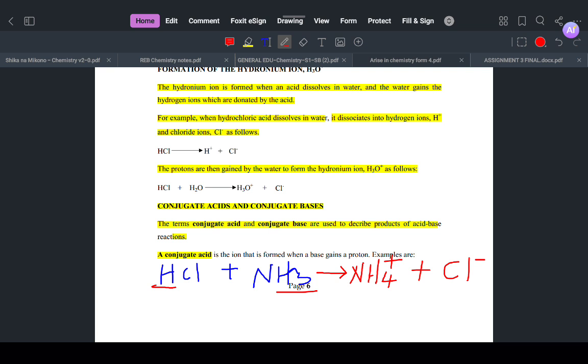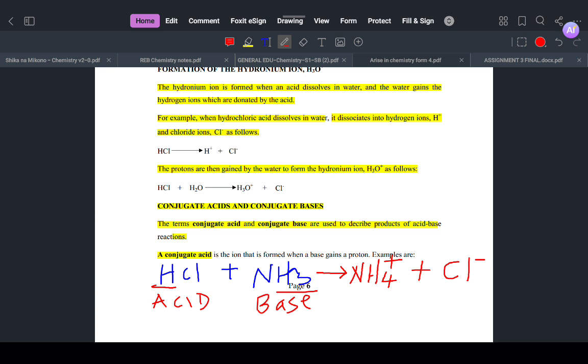So look here, we are back to the definition of a conjugate acid. A conjugate acid is the ion that is formed when a base gains a proton. This is our acid, the HCl. The base is our ammonia. So the ammonium therefore becomes a conjugate acid.